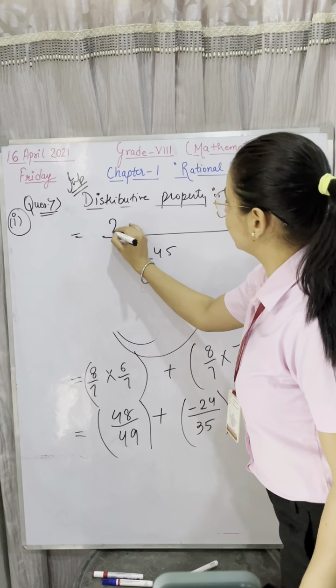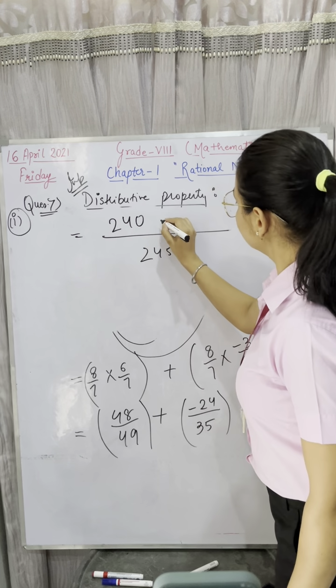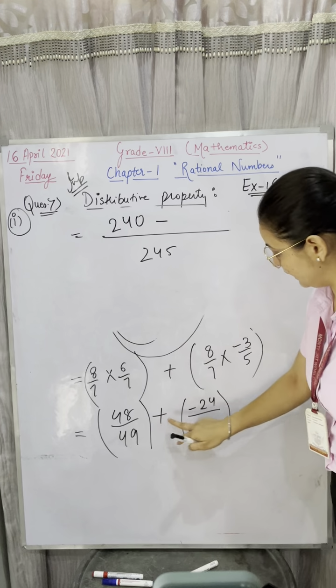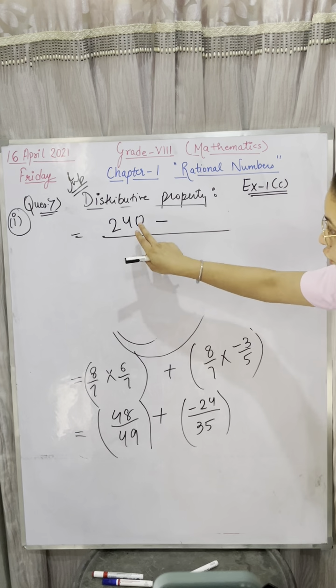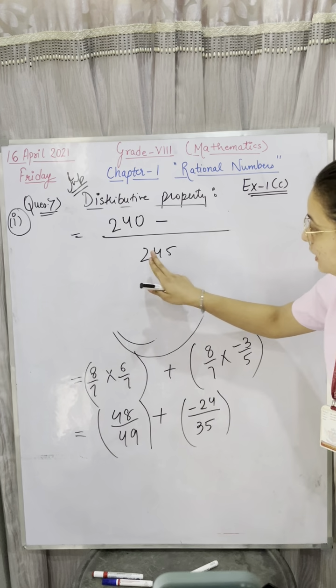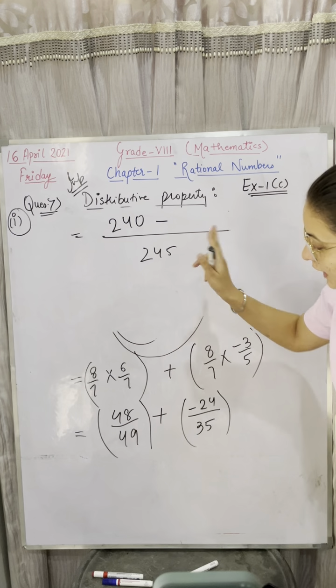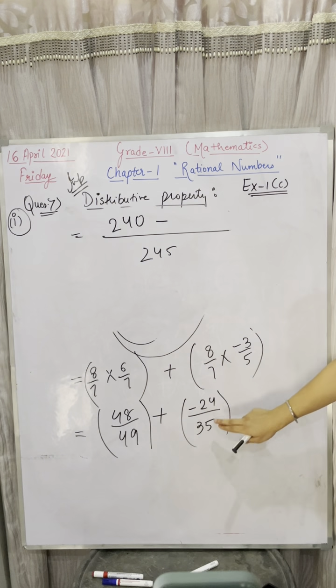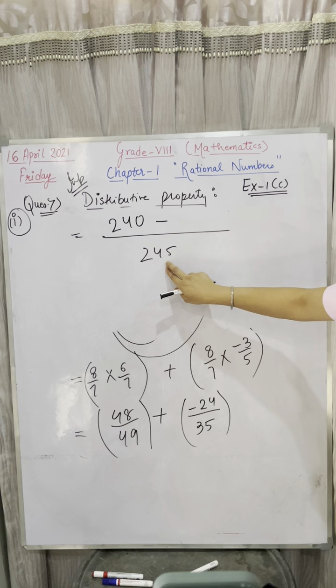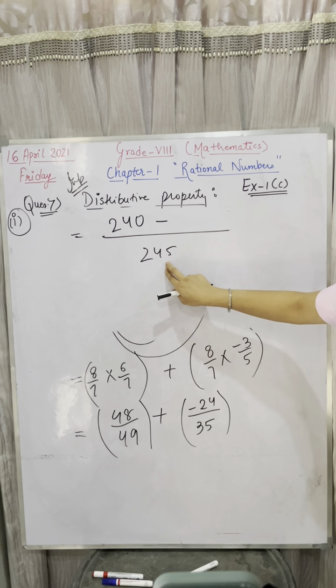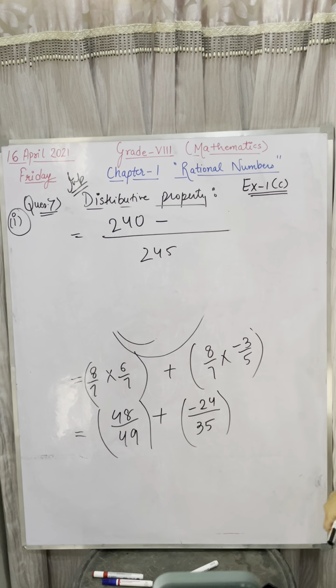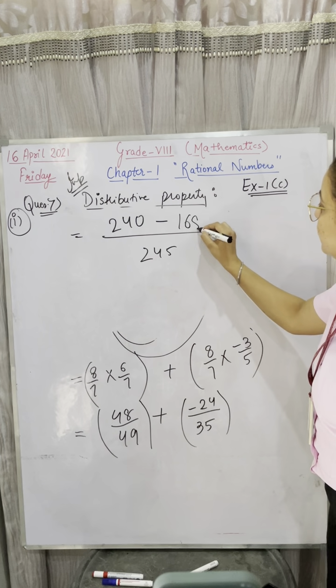Yes, very good, 240. Now, this plus and minus will become minus. How 240 has come? 245 divided by 49 is 5, and 5 into 48 is 240. Now here, 245 divided by 35 is 7, and 7 into 24, quickly, is 168, very good.